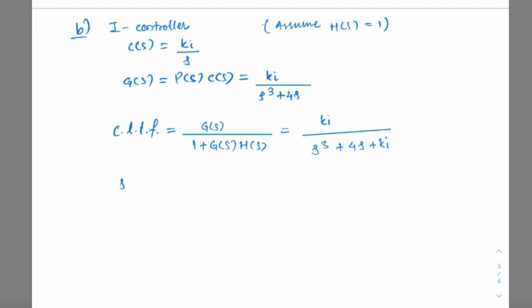Now let's try the derivative controller. So the C of s is Kd into s. That makes G of s as P of s into C of s.